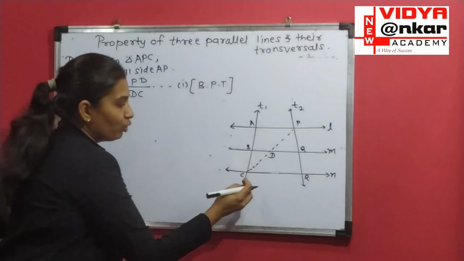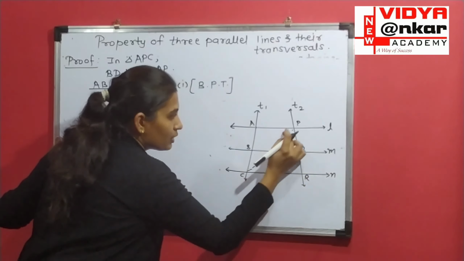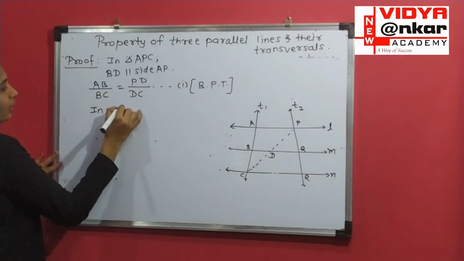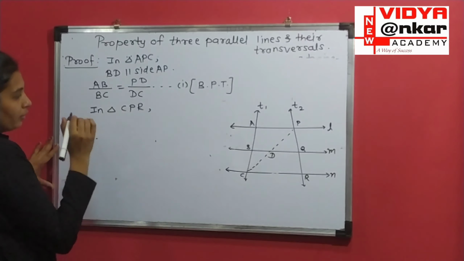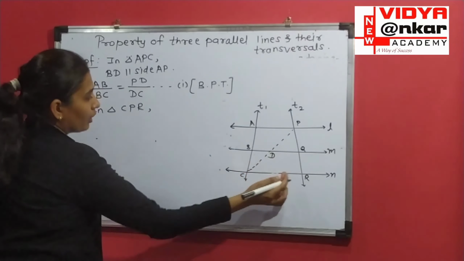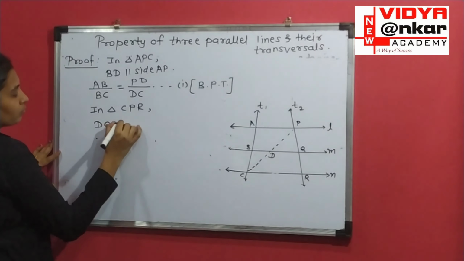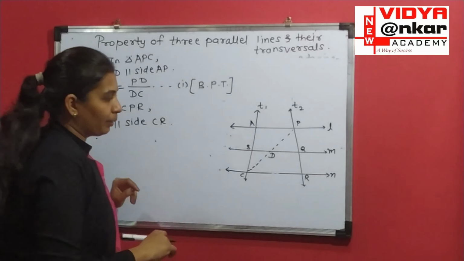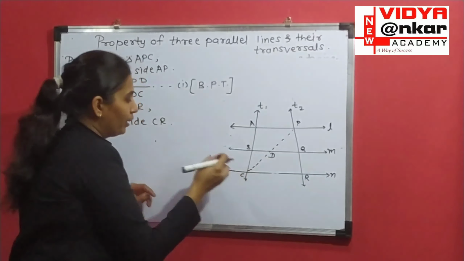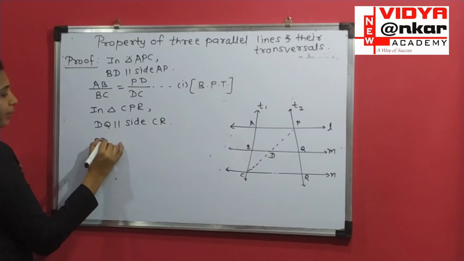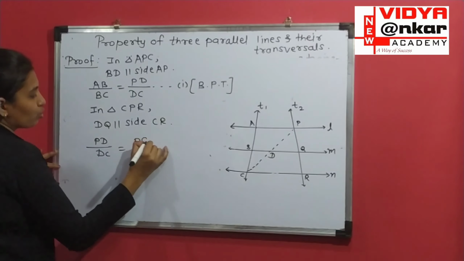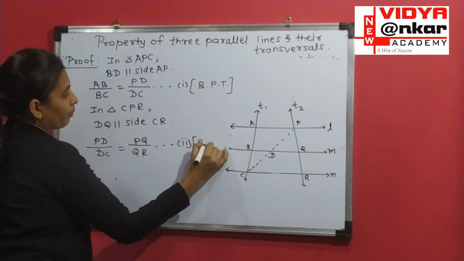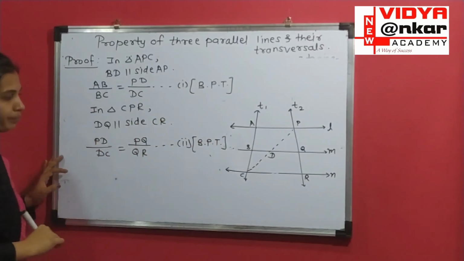Now next, we have to take this triangle CPR. So, in triangle CPR, we have DQ parallel to CR. Therefore, again BPT can be applied. PD upon DC equals PQ upon QR. Give it as number 2, basic proportionality theorem.